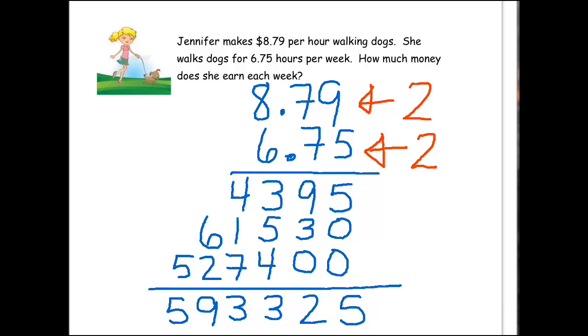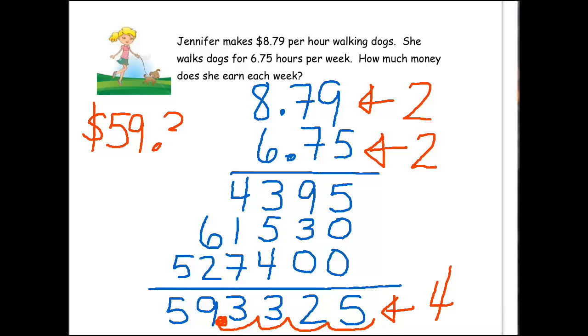So 2 plus 2 is 4. So we need to have four numbers to the right of our decimal point. We're going to go over 1, 2, 3, 4 places and place it right there. And we can see that Jennifer earned $59.33 walking dogs.